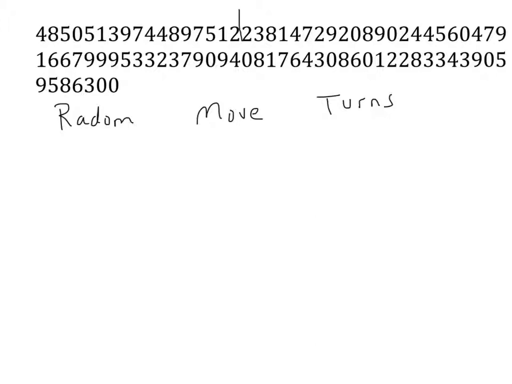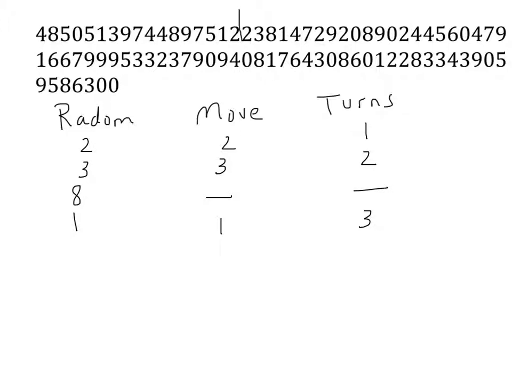Okay, now this is trial 3. Remember that trial 2 ended with this 2 right here. In trial 3, my first random number is a 2, so I move 2 spaces. That's my first turn. My next random number is a 3. I move 3 spaces. That's a turn, so I've now moved a total of 5. My next random number is an 8, so I skip it. My next random number is a 1, so I can move 1, and that is my 3rd turn.